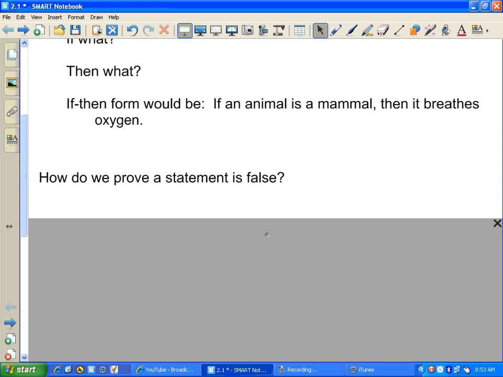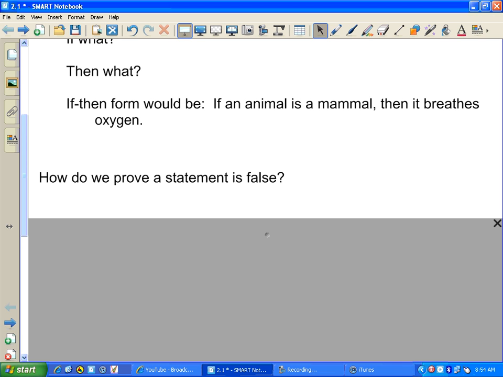So how would we prove that this is false? I'm assuming that if an animal is a mammal, then it's going to breathe oxygen. So if I wanted to prove that that was false, I would need to think of an animal that is a mammal that does not breathe oxygen, because that would make this statement false, because this is saying that any animal that's a mammal is going to breathe oxygen.